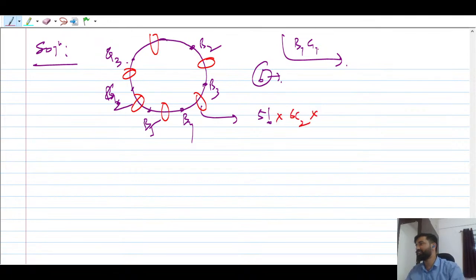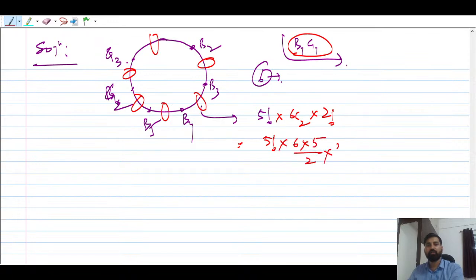And in how many ways can you arrange B1 and G1? 2 factorial ways. So 5 factorial into 6 into 5 by 2 into 2 factorial. So you can cancel, and the answer is 5 into 6 factorial.